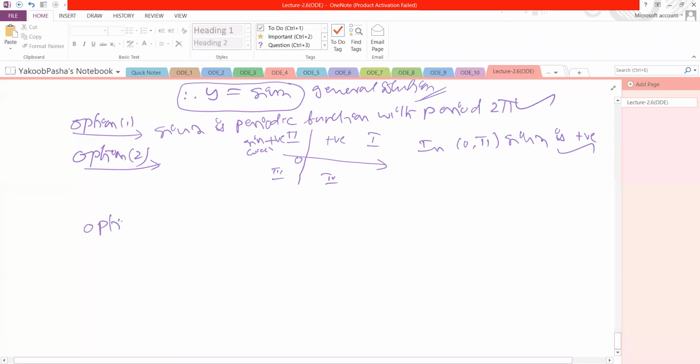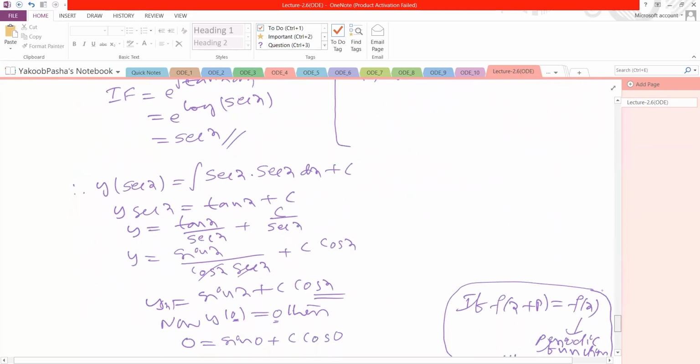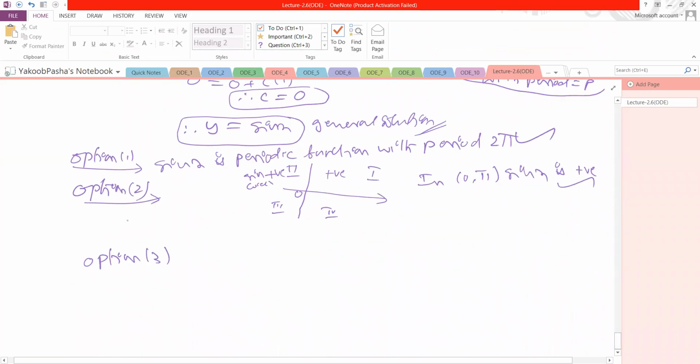Option 3 is: y is monotonically increasing in the open interval 0, pi by 2. First, you see the graph of sin x. This is the coordinate system, it is the origin. The sin x curve goes like this, 0 to pi by 2, and pi by 2 to pi.